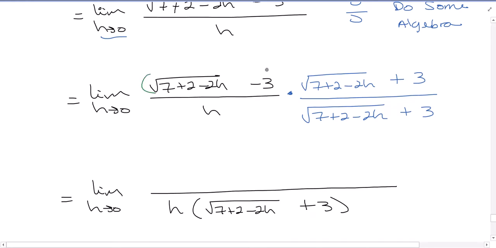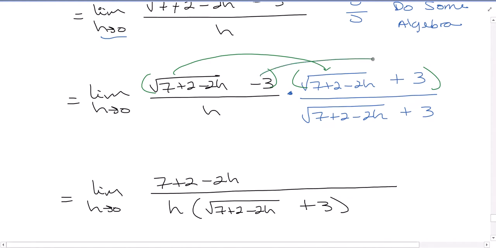Now, what about my numerator? So I'm multiplying this quantity times that quantity. They're conjugates, so no middle terms. They get eliminated. So I'm going to have the square root of 7 plus 2 minus 2h times itself. So the square roots cancel. So I'm left with just 7 plus 2 minus 2h, which I guess we can combine to be 9. And then when you multiply, middle terms go away.